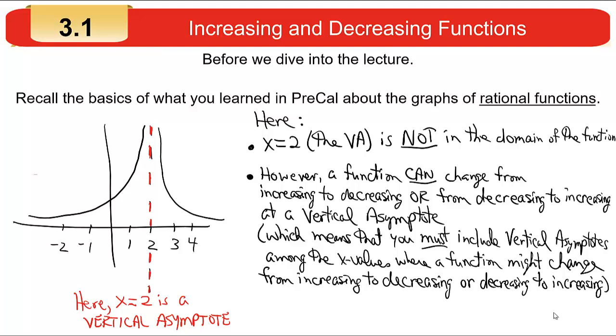So if you're dealing with a rational function, the first thing you really should look for are your vertical asymptotes. Those are important points around which a function can change its behavior in terms of increasing, decreasing. It's not the only way it can change, and we're going to talk about that later, but it is a place that behavior can change.